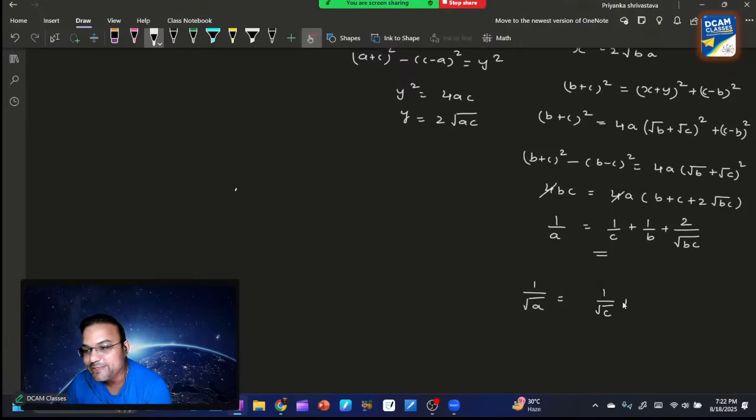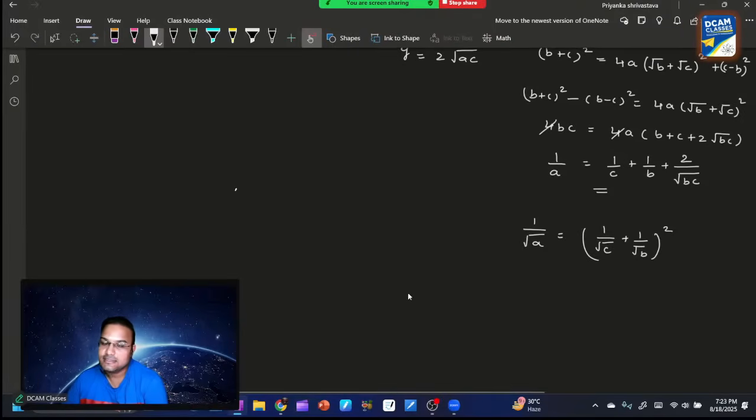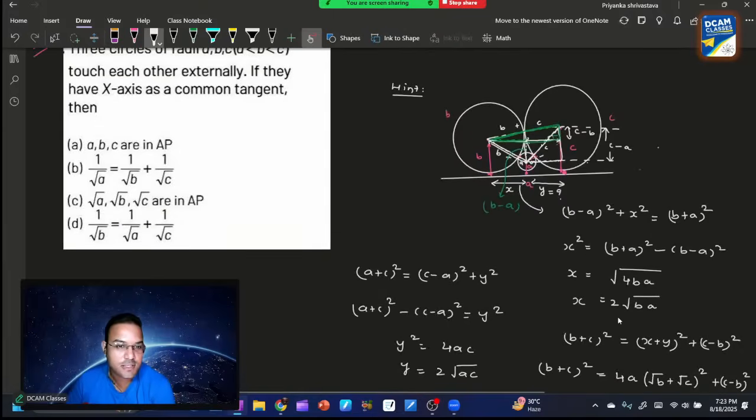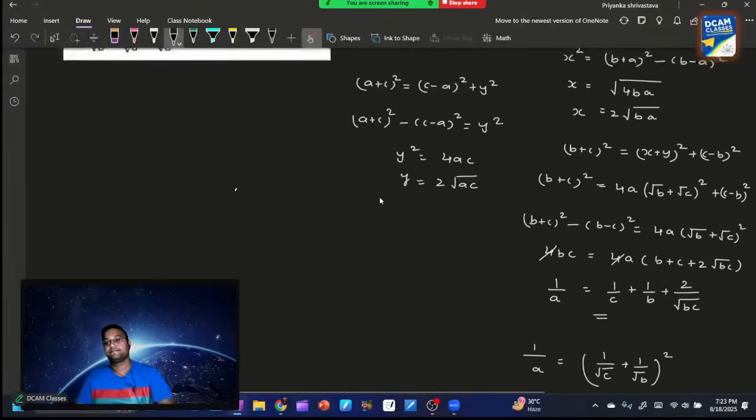This is 1 by root C plus 1 by root B whole square, no? Okay. 1 by root A is equal to 1 by root C plus 1 by root B. We are getting the answer, no? What's the answer? B.